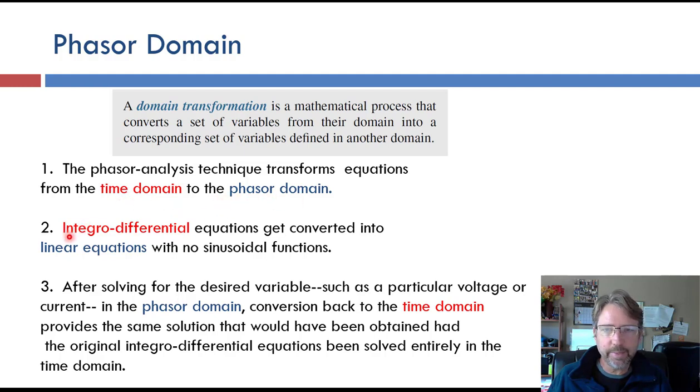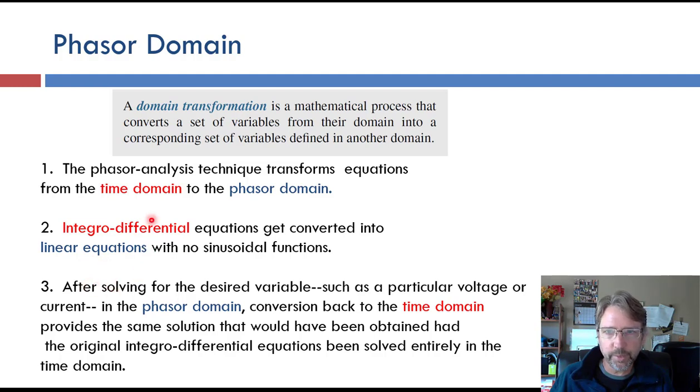And when we make that transformation, integral differential equations become linear equations. And that's the big advantage to this technique, is that we don't have to solve differential equations. We can solve linear equations again, which we like, which we were doing before with just resistor circuits. Once we added in capacitors and inductors, we had differential equations. And so this lets us do capacitors and inductors and resistors and keep it all linear.